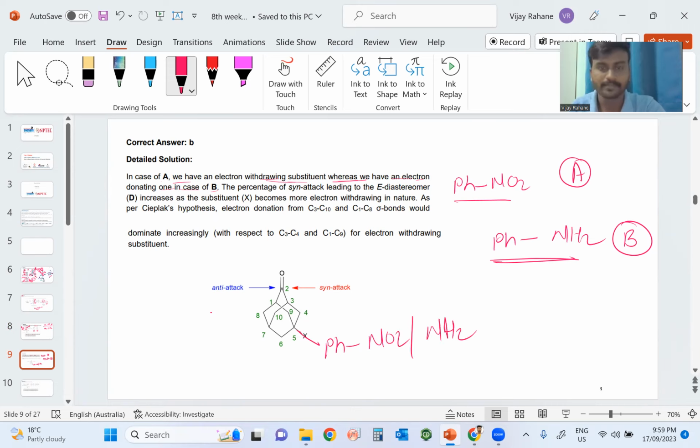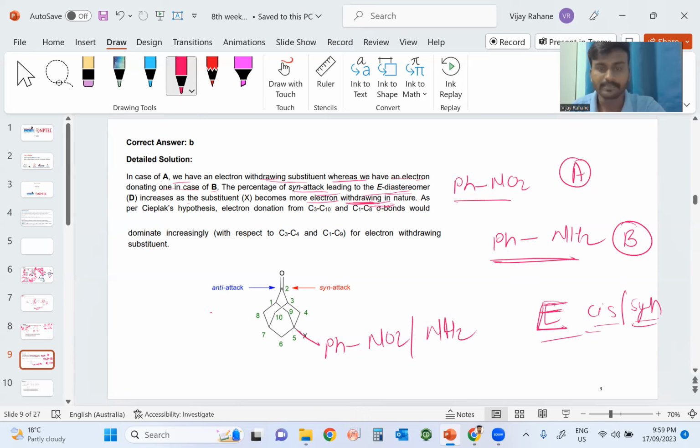The percent of syn attack leading to the E isomer, obviously E isomers stand for cis, you can say cis or syn, increases as substituent X becomes more electron withdrawing. So whichever is the electron withdrawing group, the syn attack is preferred.